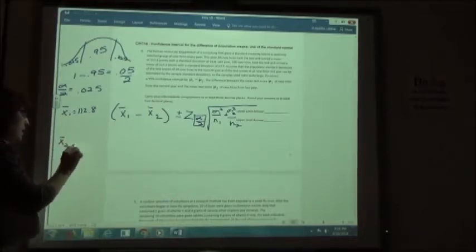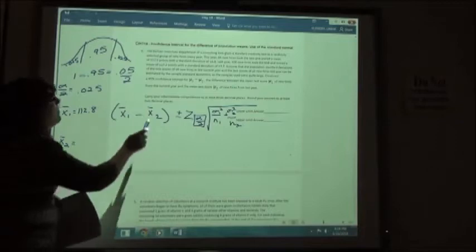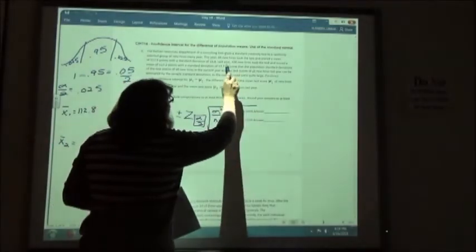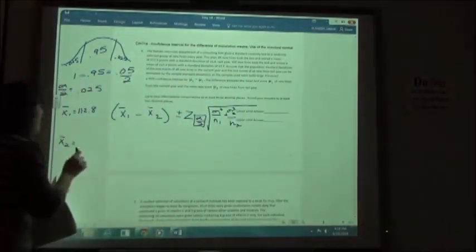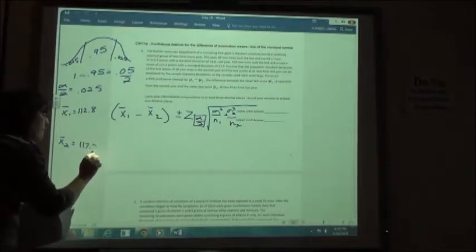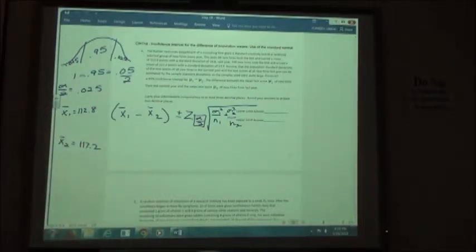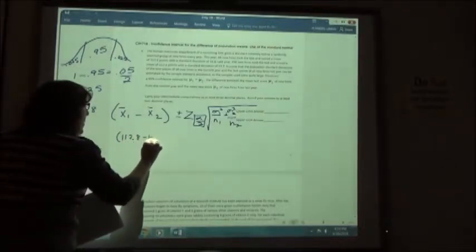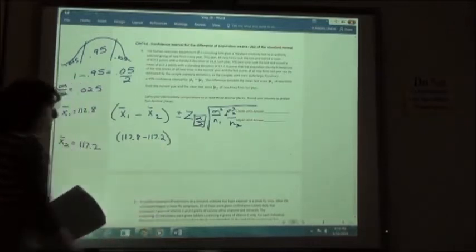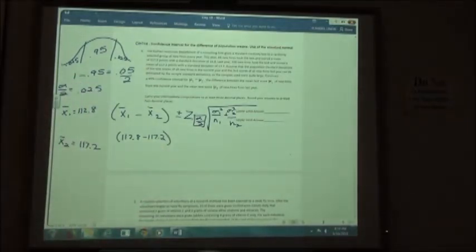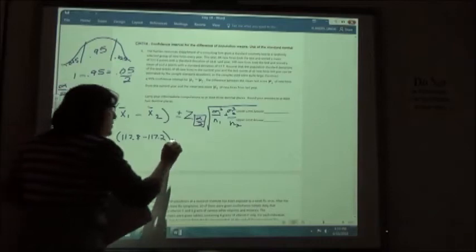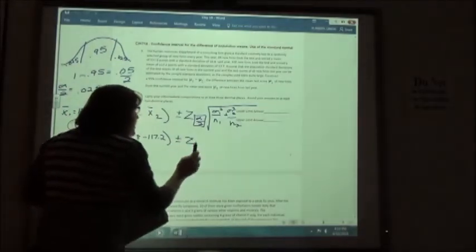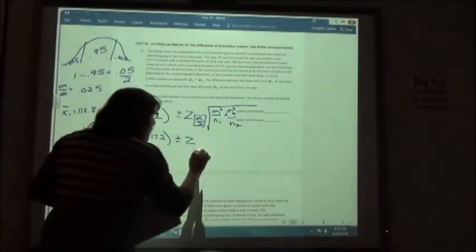The mean for last year, my mean was 117.2. So first part of my formula, I'm taking 112.8 minus my 117.2. Plus or minus z sub 0.025.